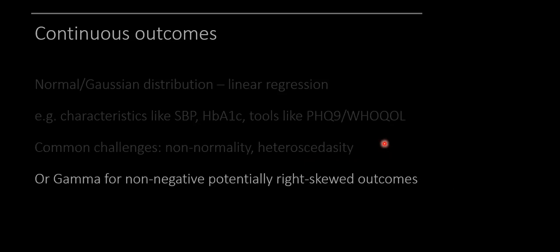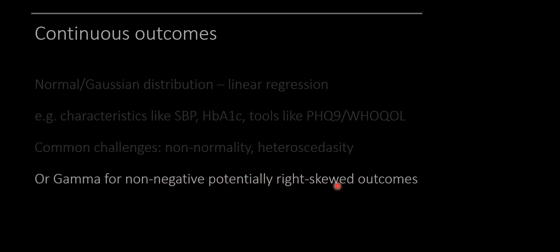One distribution which you might not have come across before, which is well worth bearing in mind if you have an outcome which is continuous but non-negative, so it can't be less than 0, and might often be right skewed, is the gamma distribution. That can be useful for outcomes like costs.